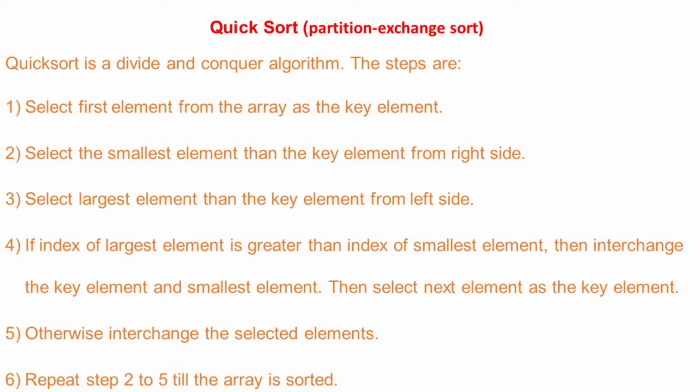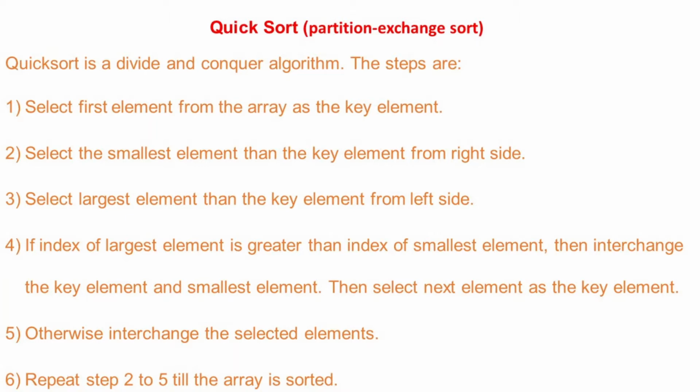If i is greater than j, the index of the largest element is greater than the index of the smallest element, then interchange the key element and the element selected from the right side, the smallest element.